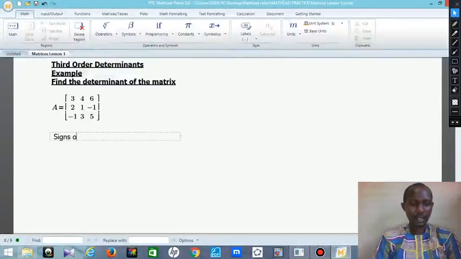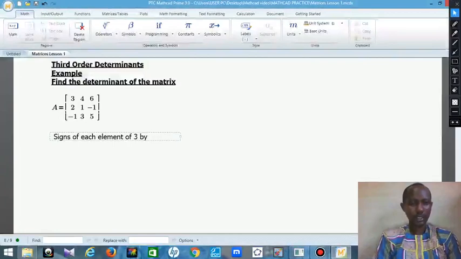Signs of each element of a 3 by 3 matrix are, take note of this.